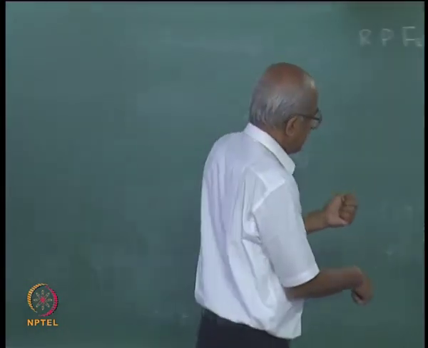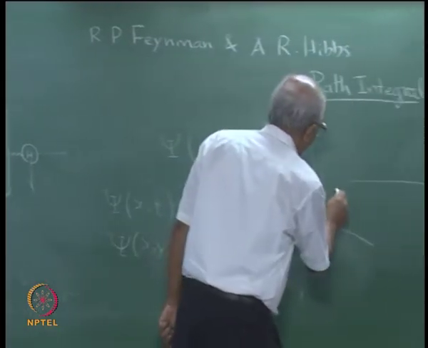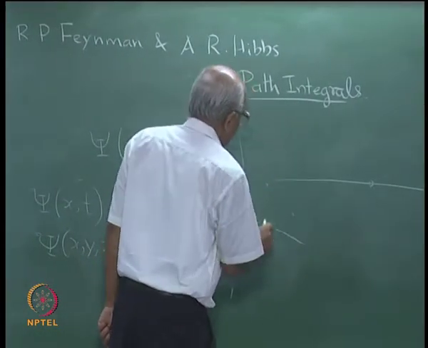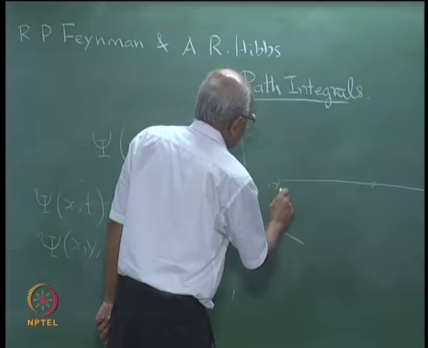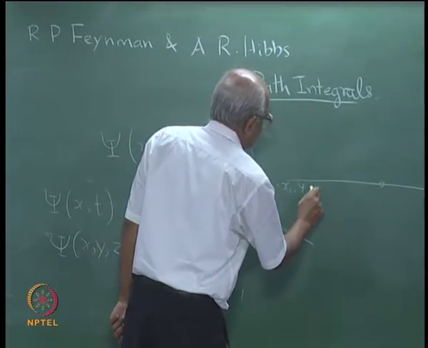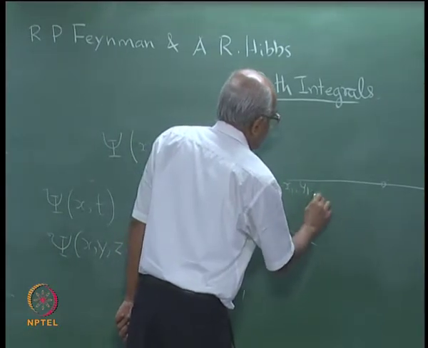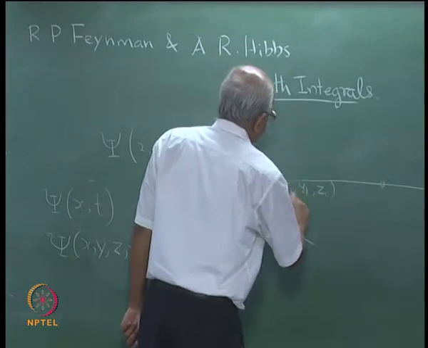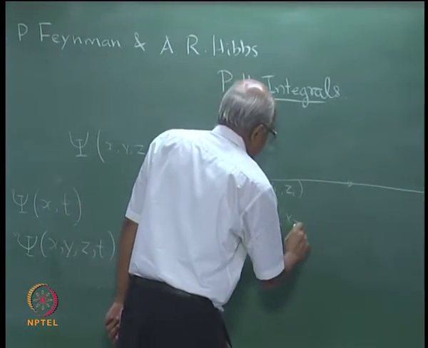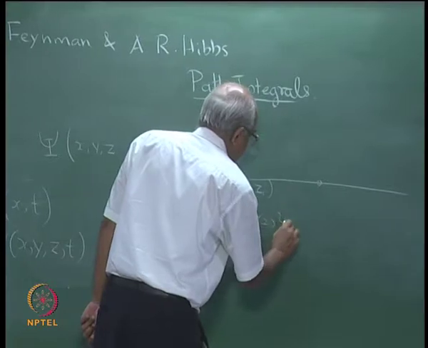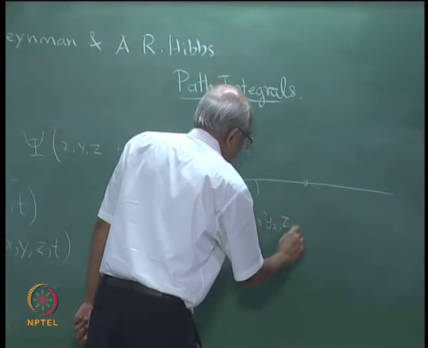Then I will have the nucleus and one electron here perhaps and the other electron there. The first electron will be specified by its coordinates, which will be denoted by x1, y1, z1, and the second electron will be specified by its own coordinates x2, y2, z2.